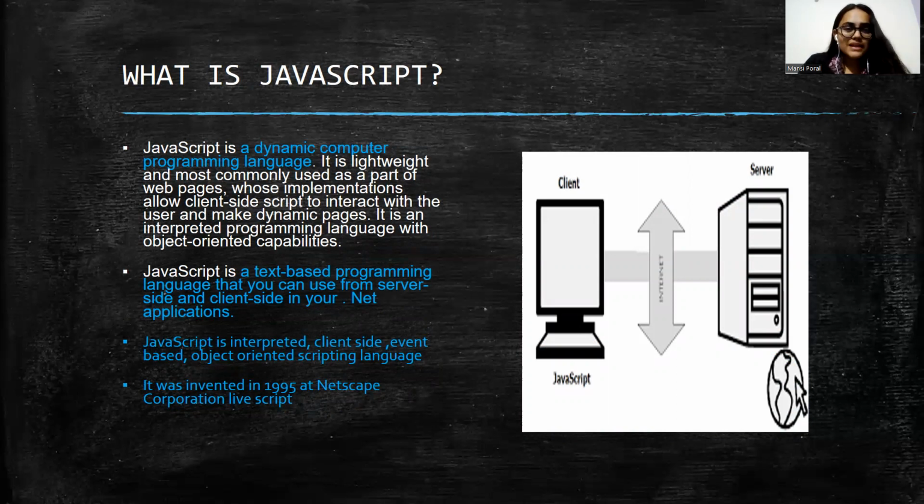JavaScript is a text-based programming language that you can use for server side as well as client side in your network applications. Basically, JavaScript is interpreted, client side, event based, an object-oriented scripting language. It was invented in 1995 at Netscape Corporation as LiveScript.